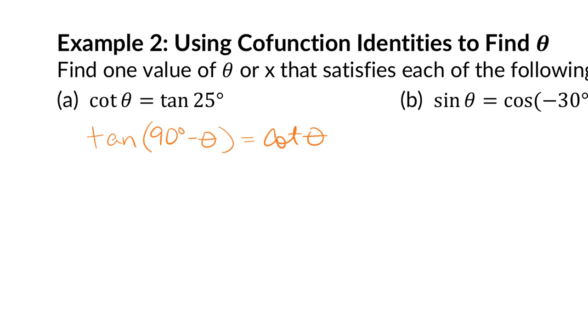I changed the pi over 2 to 90 degrees. So that means that cotangent and tangent of 90 degrees minus theta can be substituted for each other. So I can rewrite this formula as tangent of 90 degrees minus theta equal to tangent of 25 degrees, because if cotangent is equal to both of these things, then they're equal to each other.